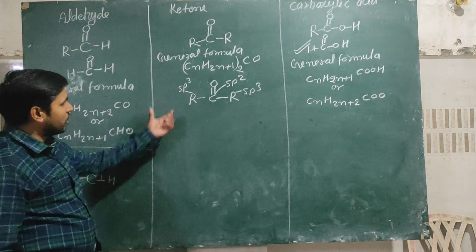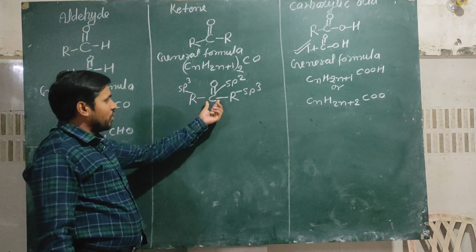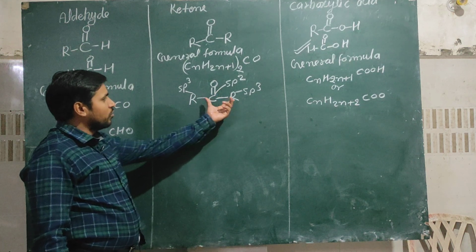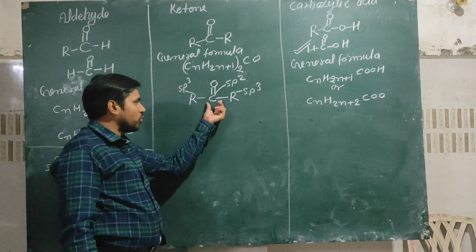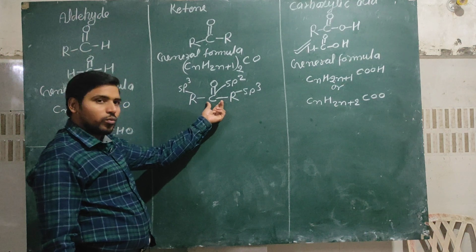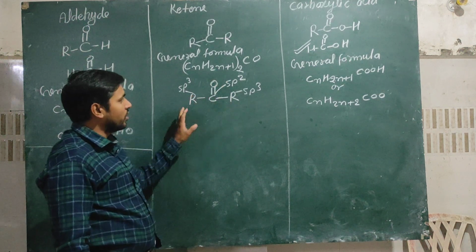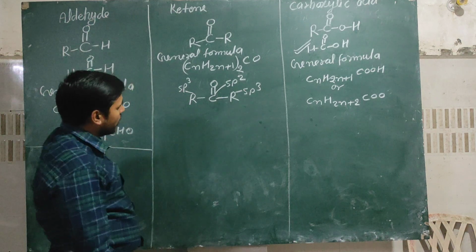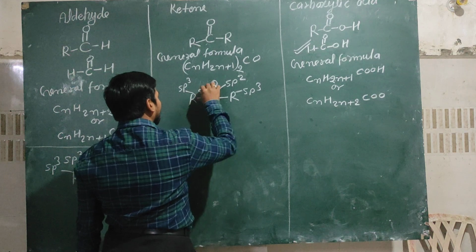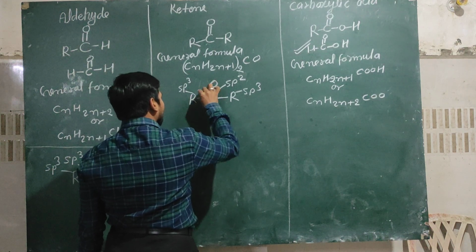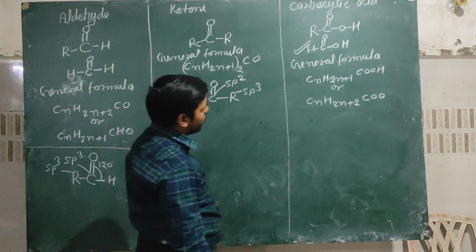और आप इसे बोल सकते हैं, you can explain it. When sp2 hybrid carbon is present in between two alkyl group with oxygen atom, then this group is known as carbonyl group, and this carbonyl group contains both side sp3 hybrid carbon. Okay, this is the structure of ketone, and here 120 degree bond angle is also present in case of ketone.